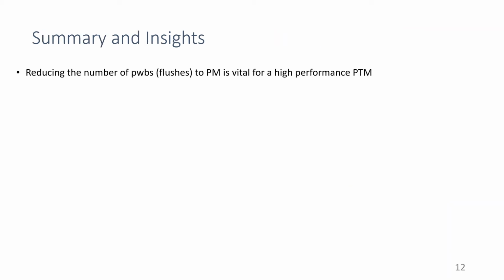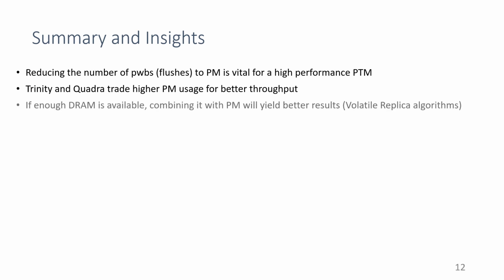The main insight of this work is that reducing the number of flushes to persistent memory is vital to have high-performance, durable transactions. And the Trinity and Quadra algorithms do exactly that. They trade higher memory usage to have better throughput.